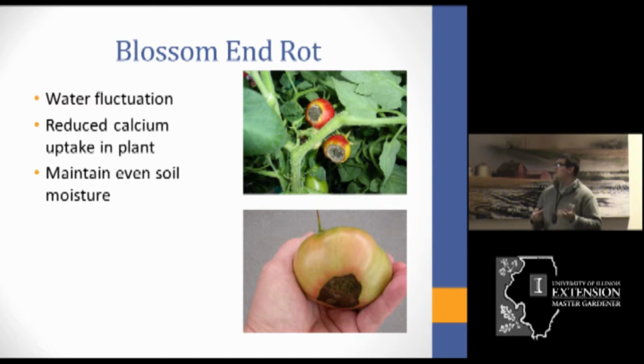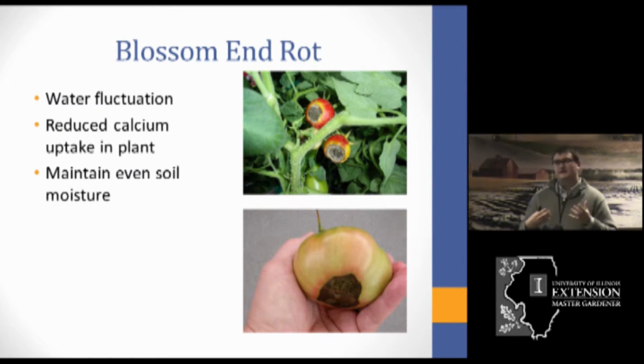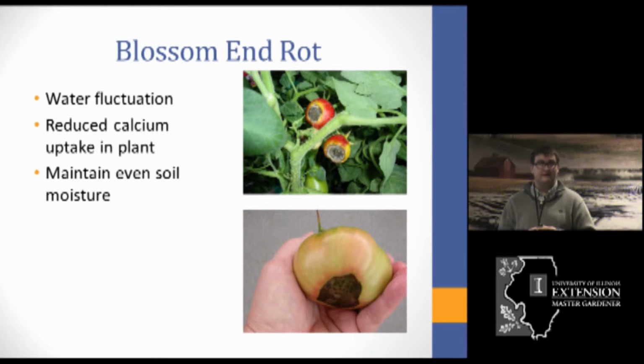Blossom end rot is these large sunken regions of tomatoes on the blossom end where the flower was attached to the fruit. Usually a large black spot. What this is caused by is a lack of calcium uptake in the plant. The plant can't absorb enough calcium from the soil. So does that mean that our soils are deficient in calcium?